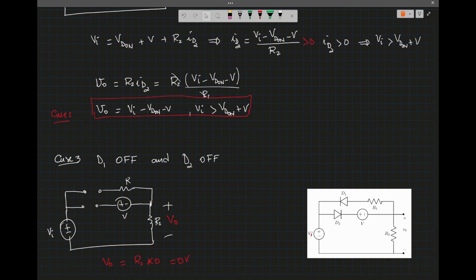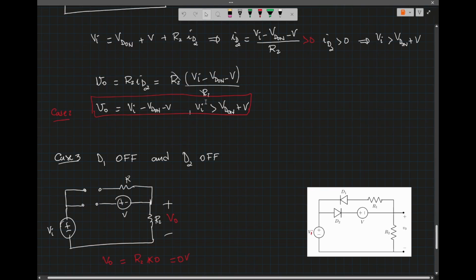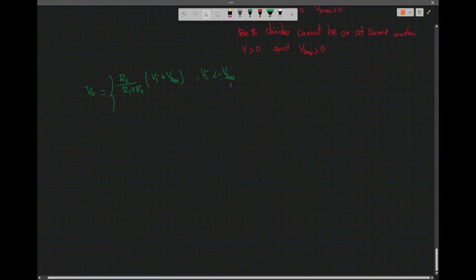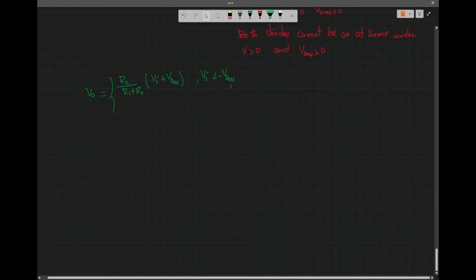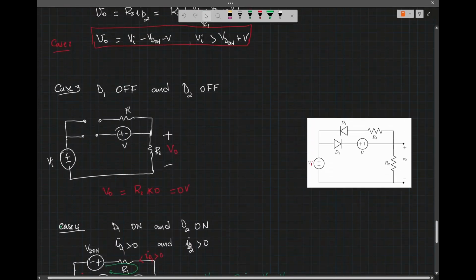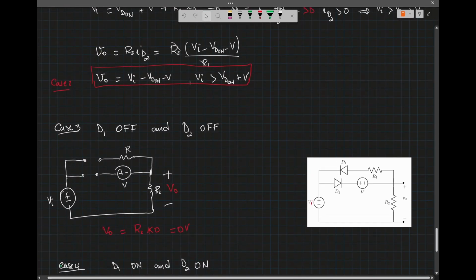V0 equal to VI minus VD1. So that's, let me double check. So the second condition is this. Let me copy that.